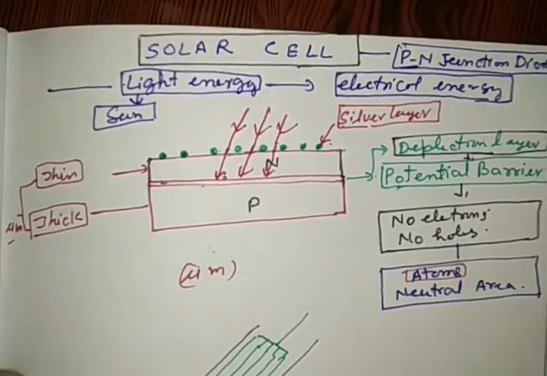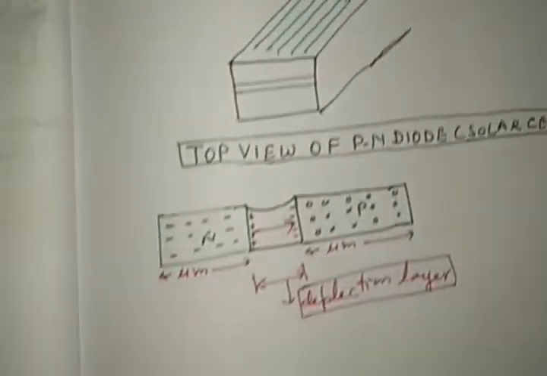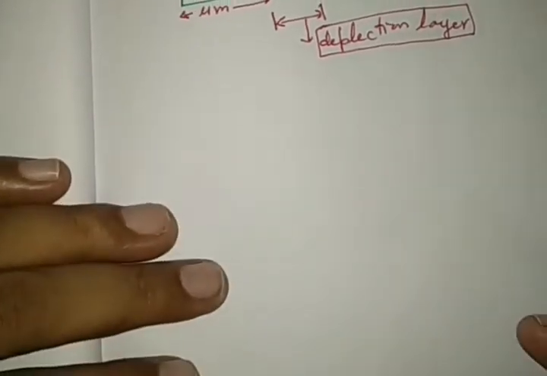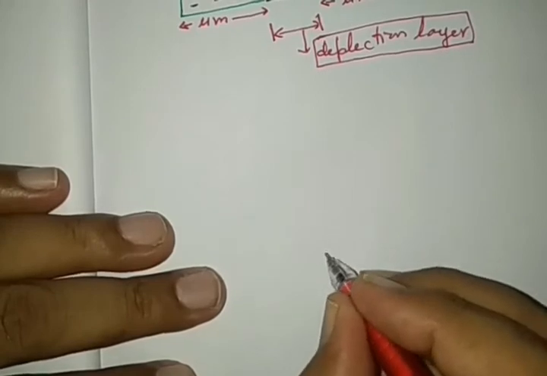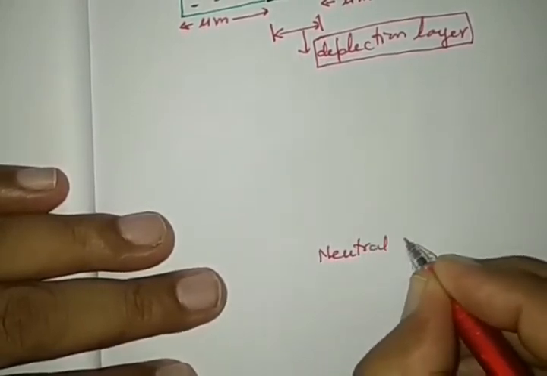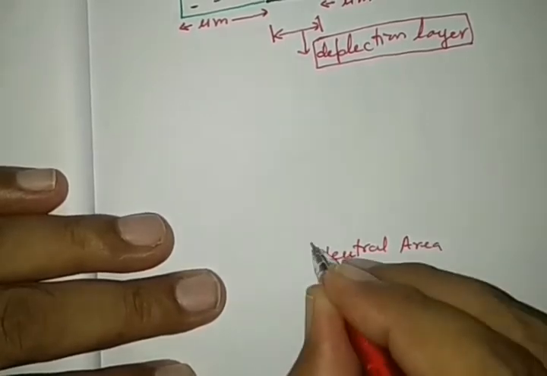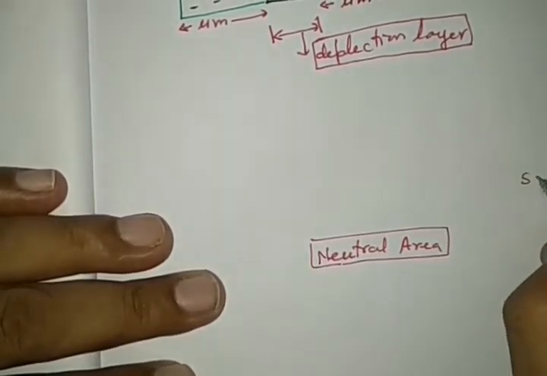So what happened here in the neutral area when the sunlight reached here? To see this, first of all see this concept very carefully. We are going to see the phenomena in the neutral area. Where is this neutral area? In the depletion layer. In this, there are silicon atoms available.